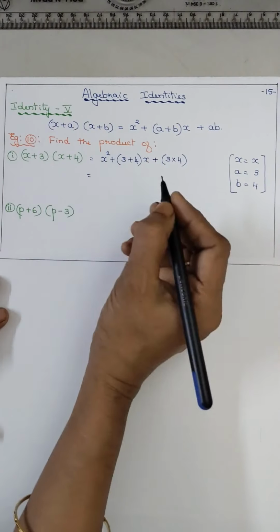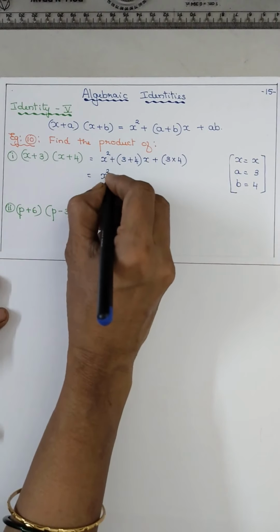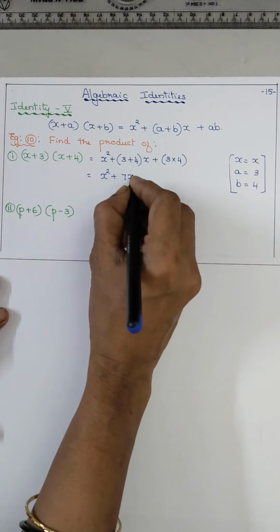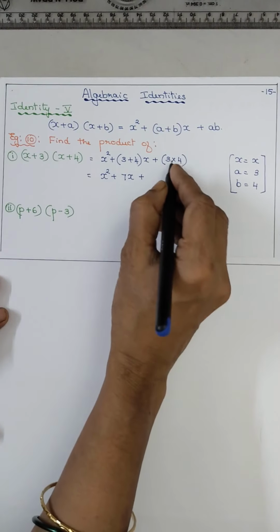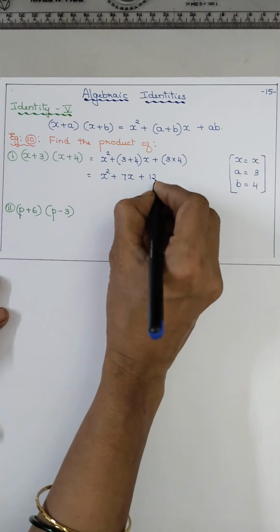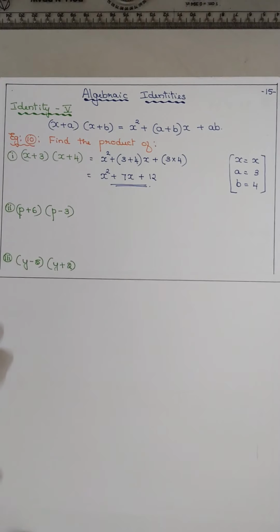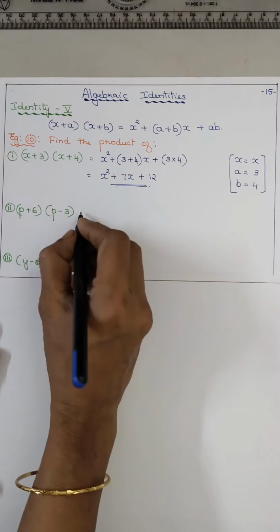So you will be getting the answer x square plus 3 plus 4 is 7, x plus 3 4s are, it is 12. This is the answer.